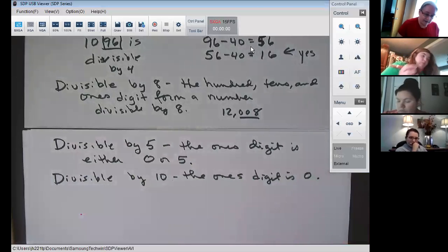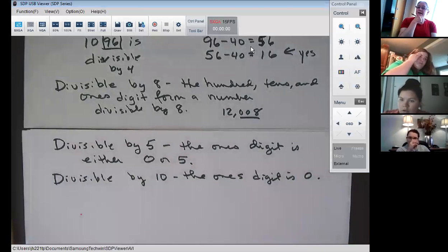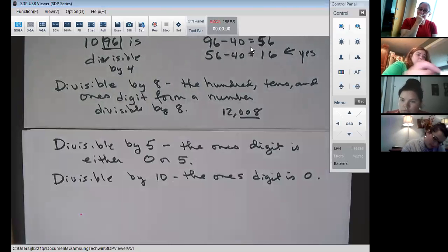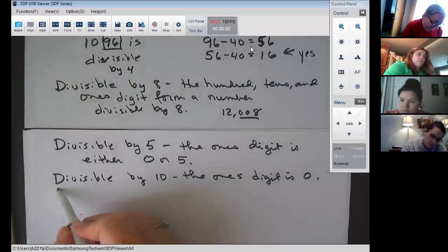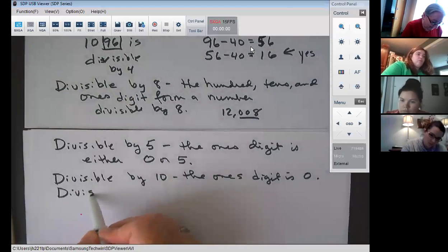How do you know if something's divisible by 100? It'll be if there's 2 zeros, one in the ones place and one in the 10th place. Absolutely.